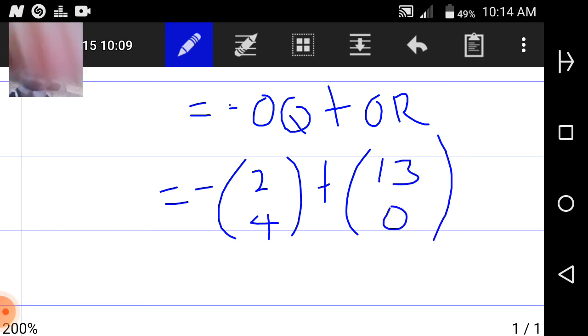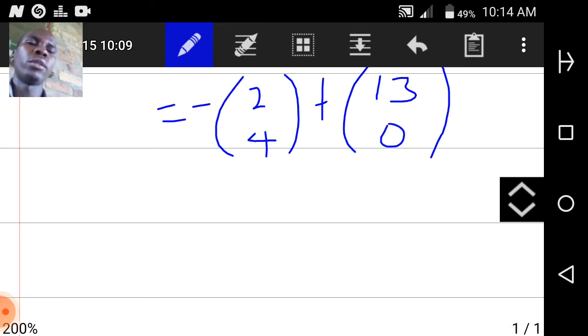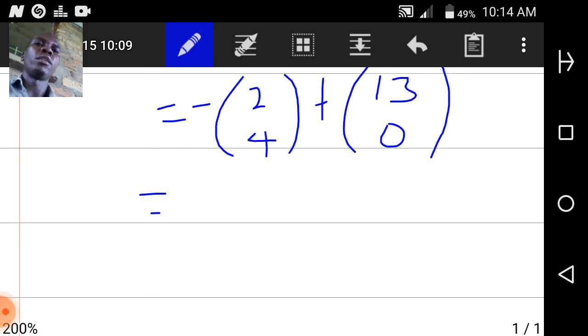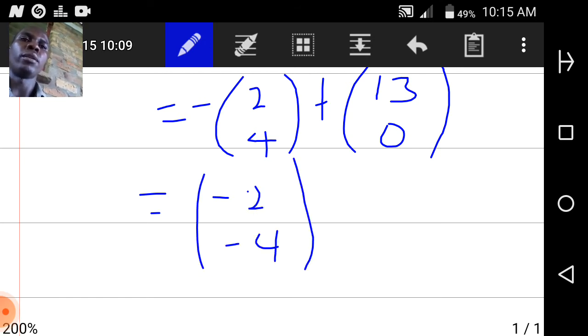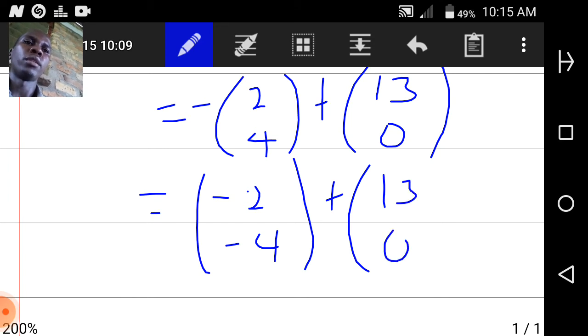So for that case, we can now solve. Since the negative is a scalar, and a scalar multiplies whatever is in the brackets, it is going to be (-2, -4) plus (13, 0).